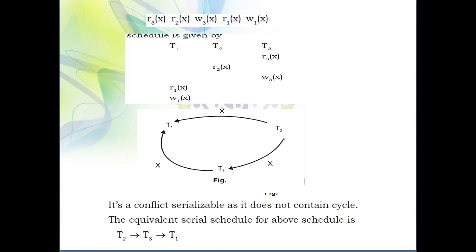Then you draw an edge when there is a possibility of conflict between two operations. Once you draw all the edges, you need to check whether it contains a cycle or not. Suppose the graph contains a cycle, then it is not conflict serializable. Suppose there is no cycle, then it is conflict serializable. So in this way you can solve a numerical based on conflict serializability.